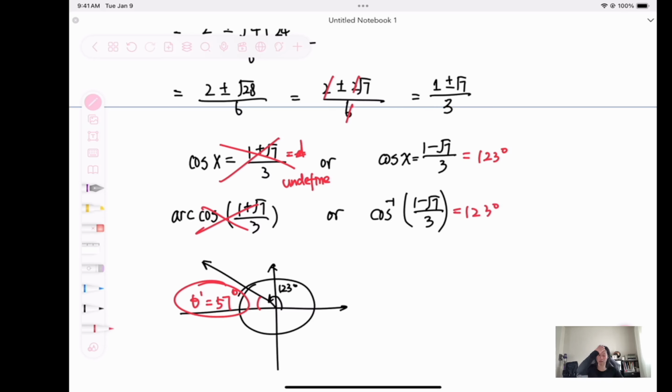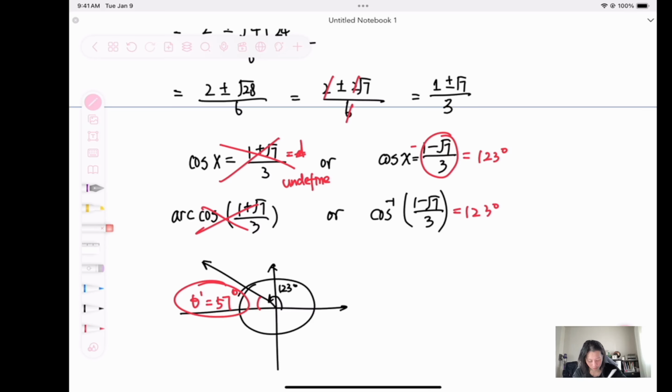And now let's take a look. Because this is already in the fourth quadrant, I know something is off. Anyway, this is going to be a negative number. How do I know that? Because 1 minus square root of 7 is going to be negative. If the numerator is negative, then the denominator will be negative. Okay, we found the first angle correct.